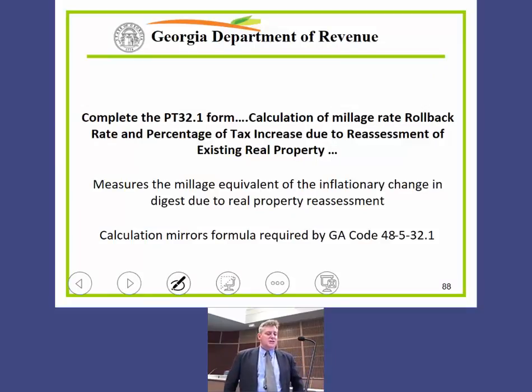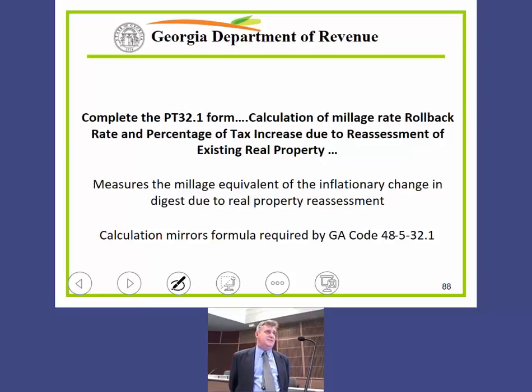Okay, we'll start to talk about the millage rate rollback. The Taxpayer Bill of Rights in 1999 required levying authorities to roll back the prior year millage rate for an amount of the reassessment of existing real property in the county.